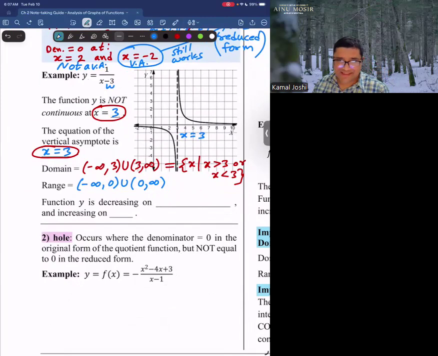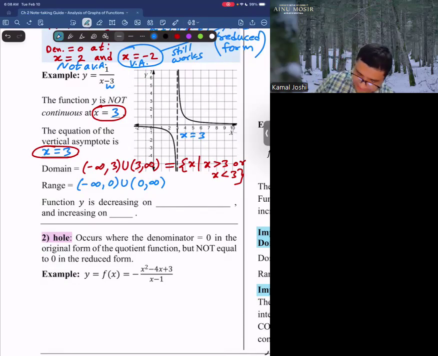Similarly, decreasing and increasing. If you look at the function, it is decreasing as you go from left to right, before the asymptote. Then you take a break, and after the asymptote, it is again decreasing. So basically, anywhere in the domain, you see the function is decreasing.